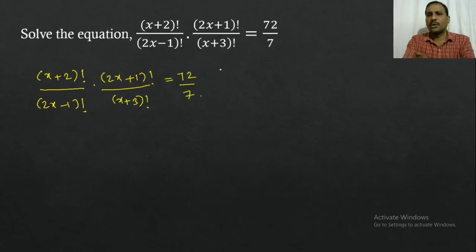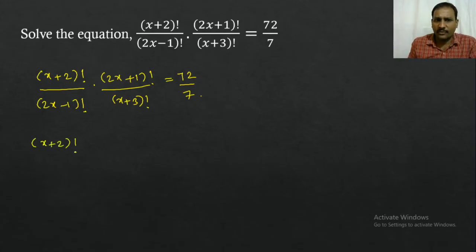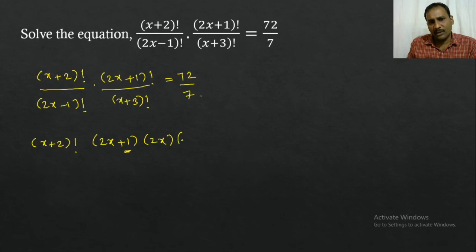Now we have to write these factorial terms in such a way that some of the terms get cancelled. For example, here you have (x+2)!, write it as it is. Now (2x+1)! can be written as (2x+1) into 2x into (2x-1)!, and we have (2x-1)! here already.